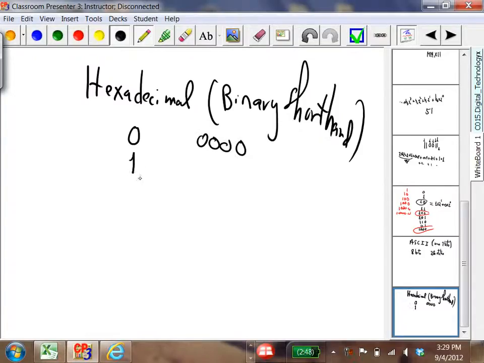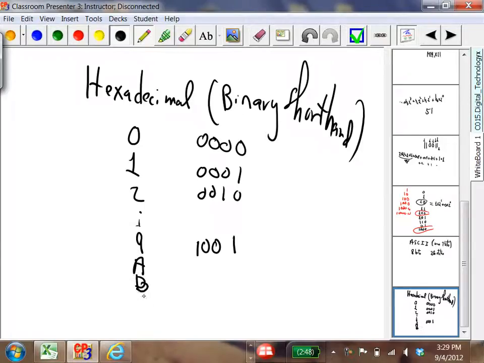We write a 1 in hexadecimal, and that's a binary 1. A 2 in hexadecimal, that's a binary 2, down to a 9. And 10 is an A, down through F. F is 15. F is 1, 1, 1, 1.